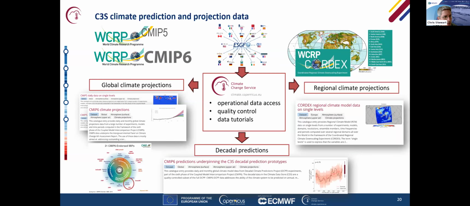Then going further ahead in time, so climate projections. So these are projections of the future climate according to different scenarios. We make available, so basically we're brokering this data. We're not doing it ourselves, but we're making it available. So this data is also available on the Earth System Grid Federation, on ESGF, but through C3S, it's a little bit more user-friendly.